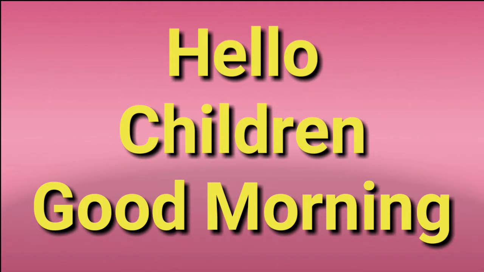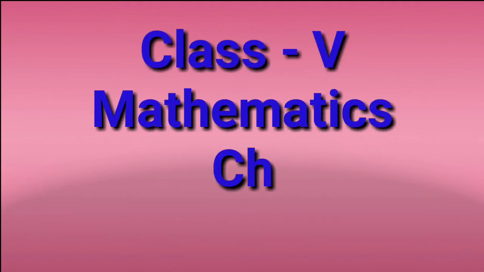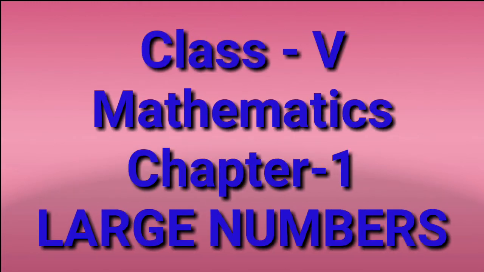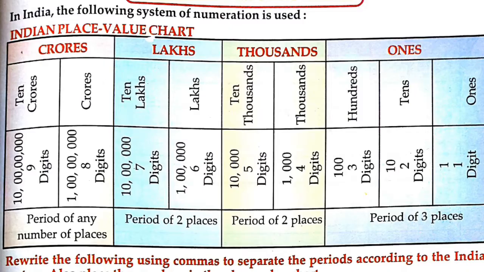Today we will read mathematics chapter 1, that is large numbers. We use large numbers, and we read them in two ways. Two systems are used to read large numbers.